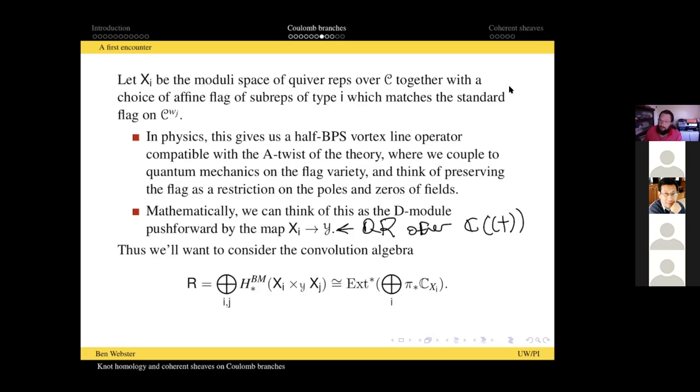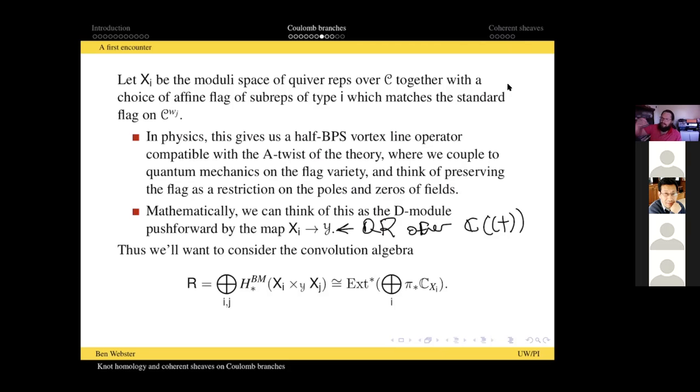There's a bunch of physics words for this, where this is a half BPS vortex line operator compatible with the A twist of the theory, which when you try to actually make that a mathematically precise thing, you say, oh, actually, that's a D module on this space of quiver representations, the moduli space of quiver representations over Laurent polynomials, or the loop space of the moduli of quiver representations.